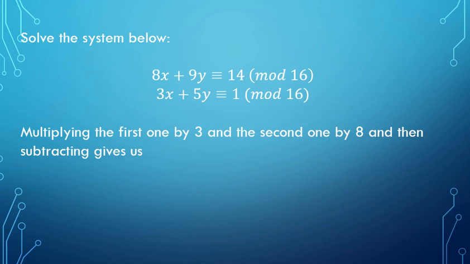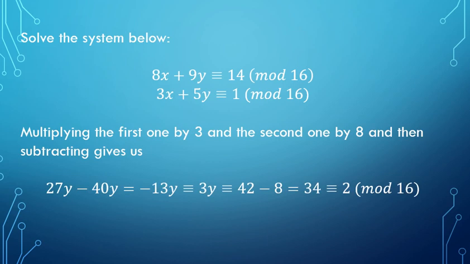I'm going to first eliminate my x's and solve for y. So I'm going to multiply the first congruence by 3 and the second congruence by 8, and then take the difference. When I do that, this will become a 27y, and this will become a 40y.